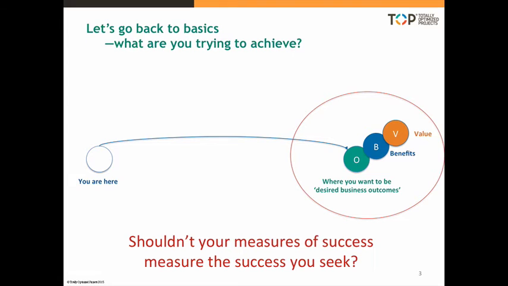Therefore, doesn't it make sense that your measure of success should measure the success you seek rather than measuring the project? The project can get you some of the way, but it's not the end game. And so what we need to do is focus on the end game, because unless we do, we can deliver the project and miss out on the outcomes, benefits and value.